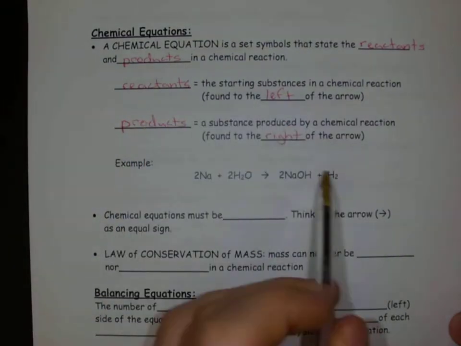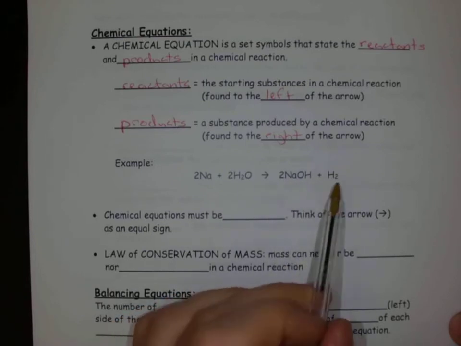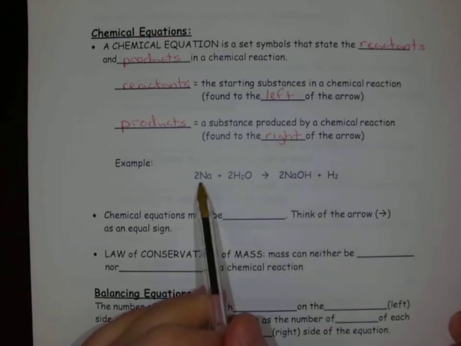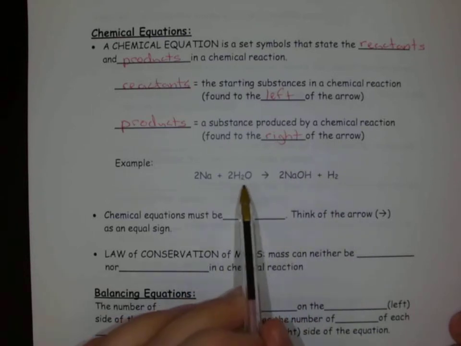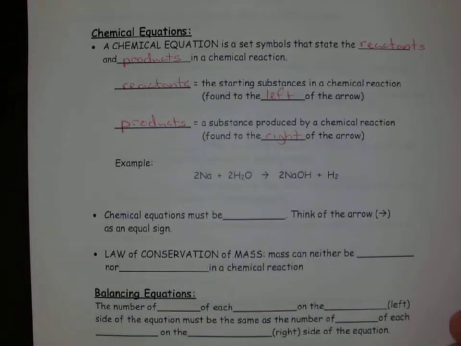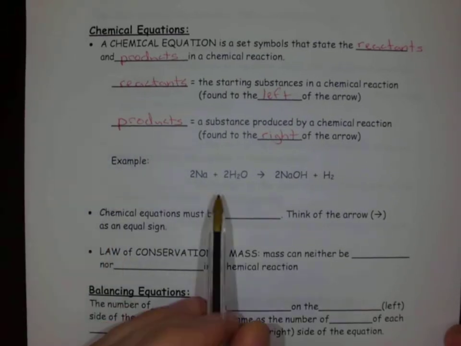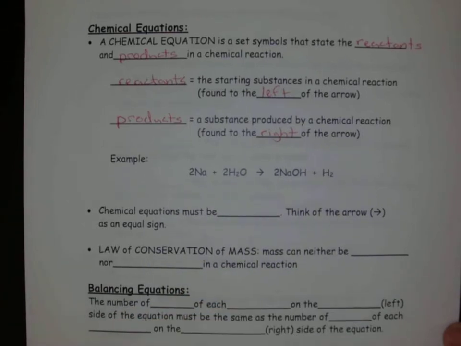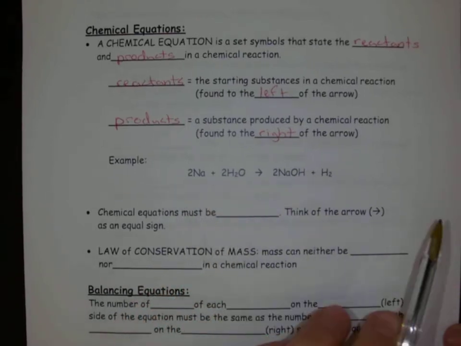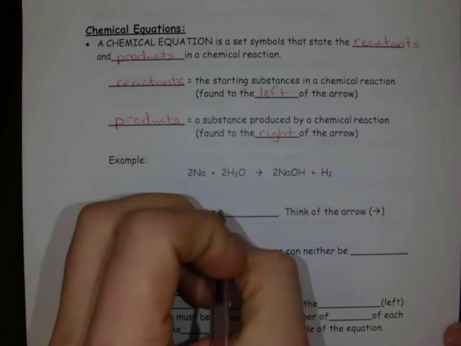So here's an example where we have Na and H2O forming NaOH and H2. Looks to me like sodium is kicking off a hydrogen. That would be a single replacement reaction, I would say. And what we can see is our chemical reaction here has some numbers before it. These coefficients make our overall reaction balanced, okay?